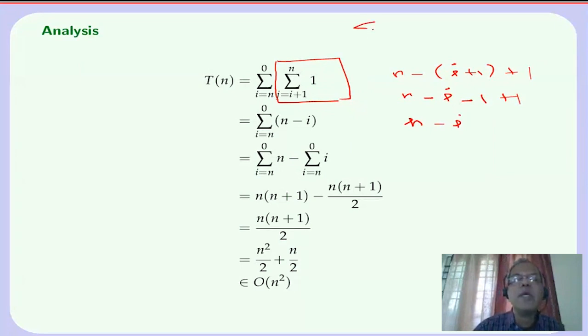Another way of writing, maybe you can rewrite this as the sum for j is equal to 1 to n minus the sum for j is equal to 1 to I. The sum of 1 from j is equal to 1 to n will be n.